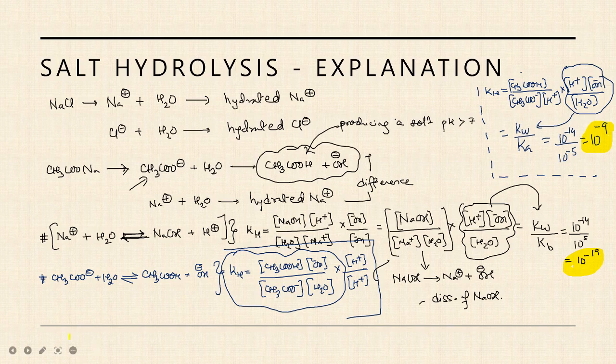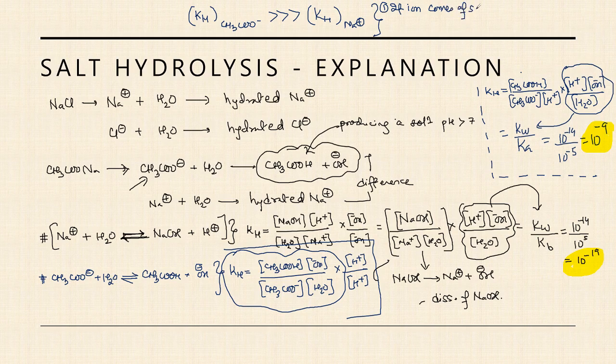So if I have some knowledge of equilibrium, can I say that KH for CH3COO minus is way more favorable than KH of Na plus? What conclusion do we get from this? The conclusion is that if an ion comes from a strong electrolyte, then it will only undergo hydration.